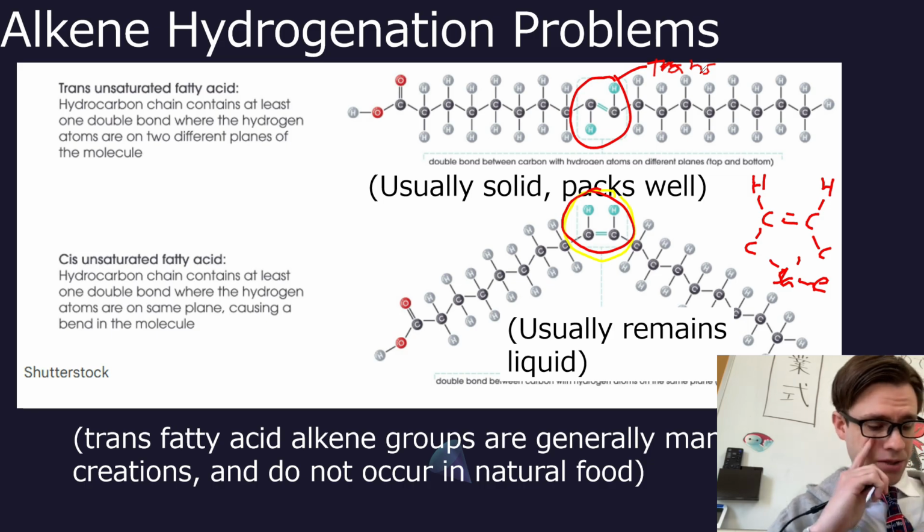So trans unsaturated fatty acids, that you can read on the left here, have a hydrocarbon chain that contains at least one double bond where the hydrogen atoms are on two different planes of the molecule. Whereas the natural version, the cis version, usually contains at least one double bond where the hydrogen atoms are in the same plane, causing a bend in the molecule. So bent, or kinked, as it's sometimes described.